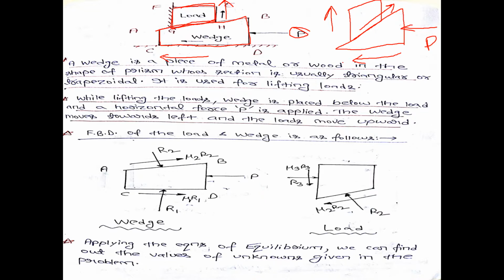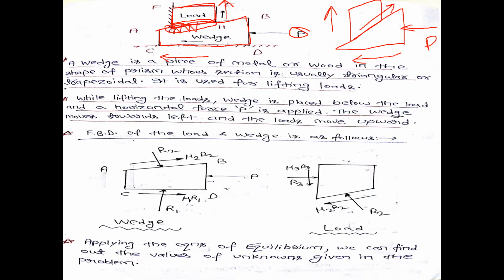So this is the purpose of the wedge, and the friction introduced between the contacting surface of the load and the wedge is known as wedge friction. You can see that the load surface is in contact with this wedge surface over here.